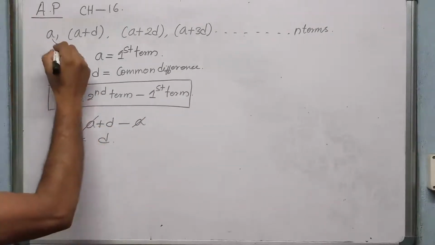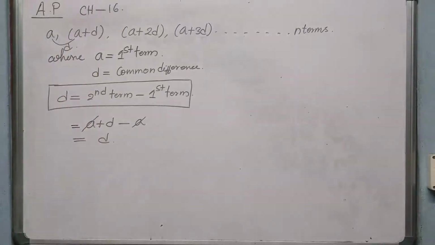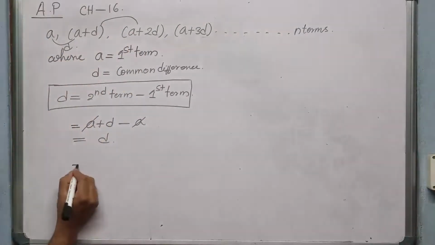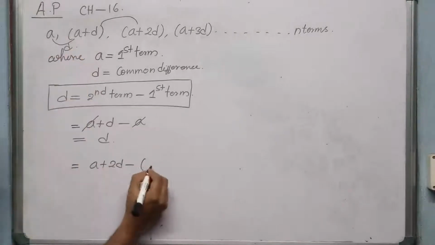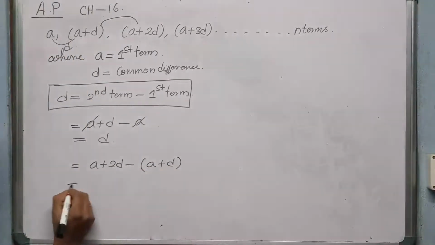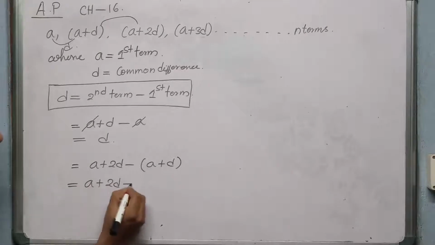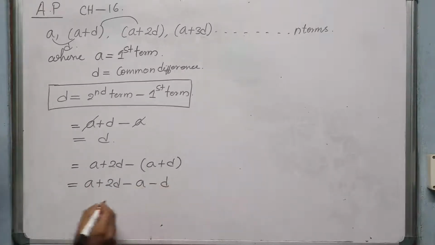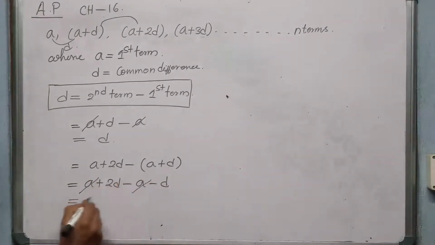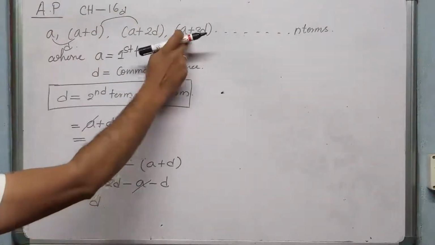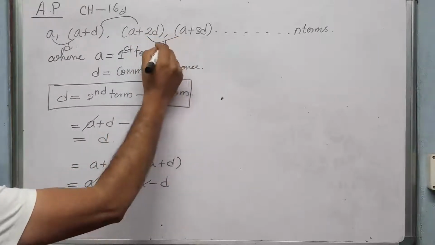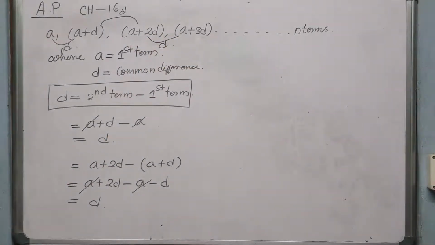D. The difference of these two quantities is D. Similarly, third minus second: third is A plus 2D minus second, A plus D. A plus 2D minus A minus D, A cancels, 2D minus D is also D. The difference of these two is also D. If you subtract fourth minus third, you will get D.